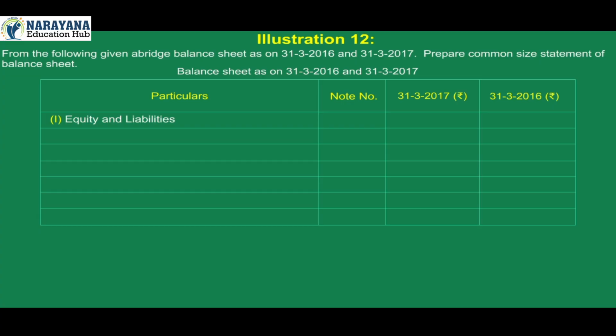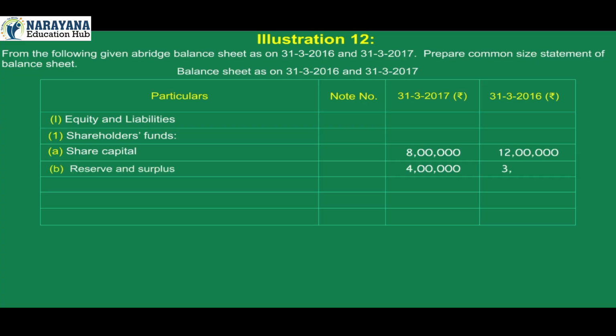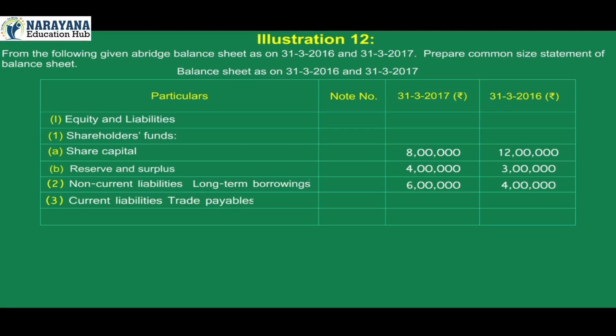Equity and liabilities. 1. Shareholders funds. A. Share capital: 8 lakh, 12 lakh. B. Reserve and surplus: 4 lakh, 3 lakh. 2. Non-current liabilities. Long-term borrowings: 6 lakh, 4 lakh. 3. Current liabilities. Trade payables: 2 lakh, 1 lakh. Total: 20 lakh, 20 lakh.